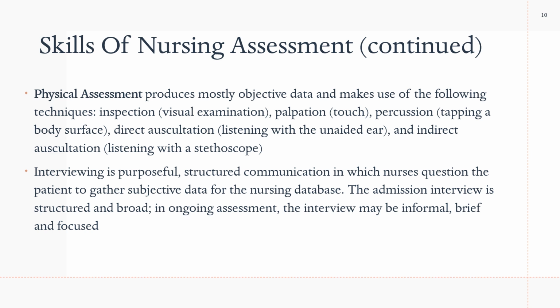Direct auscultation, that is listening with the unaided ear, meaning if my patient is in respiratory distress, I may be able to hear those lung sounds simply by standing next to the patient who is in bed. I may just be able to stand next to the bed and hear their sounds. And then indirect auscultation, and this is when I will listen with my stethoscope.